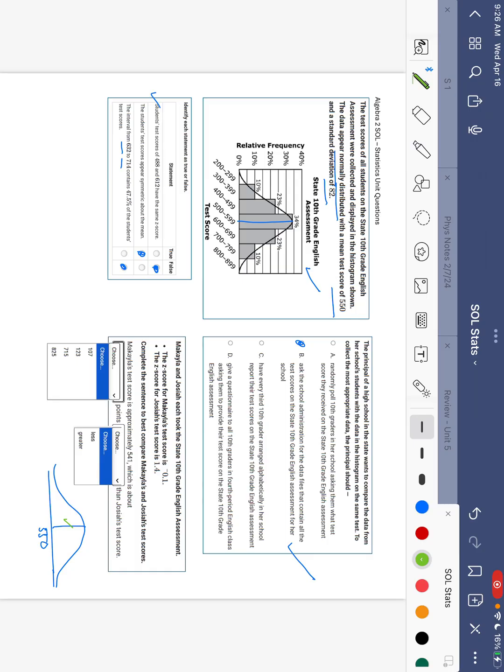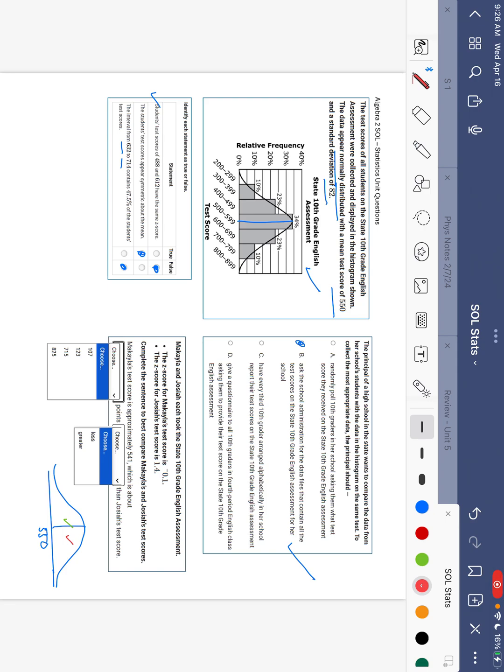And Josiah has a test score of 1.4 z-score, so he's up here, and he's a little bit higher than the middle than she was lower than the middle. Complete the sentence to best compare Michaela and Josiah's test scores. All right, Michaela's test score is approximately 541.